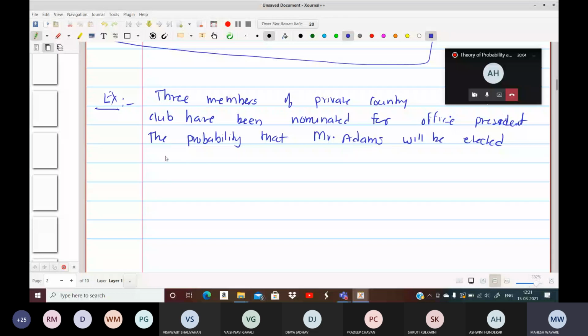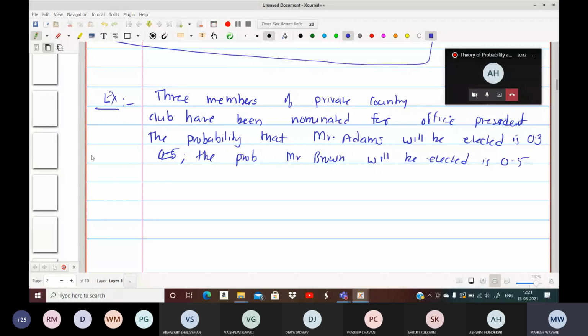The probability that Mr. Adams will be elected is 0.3. Then the probability that Mr. Brown will be elected is 0.5.